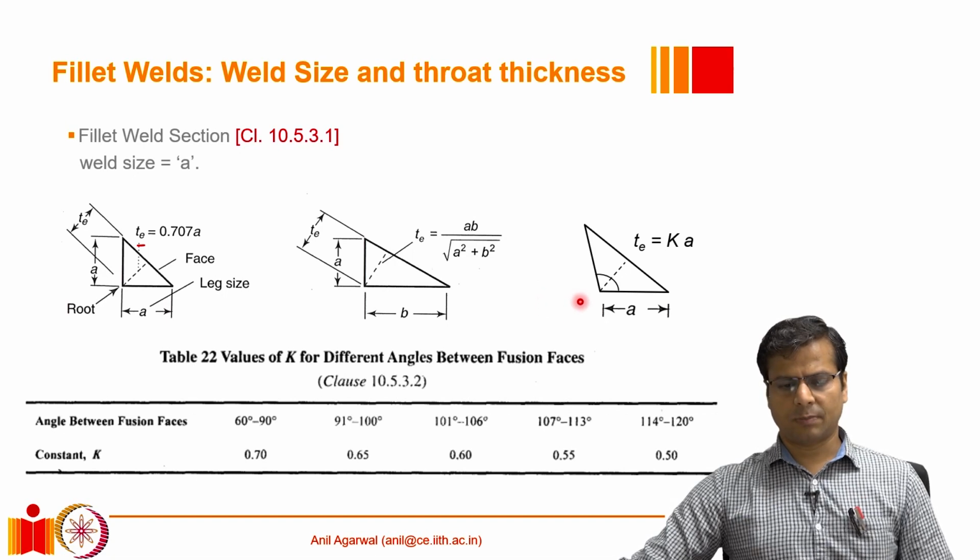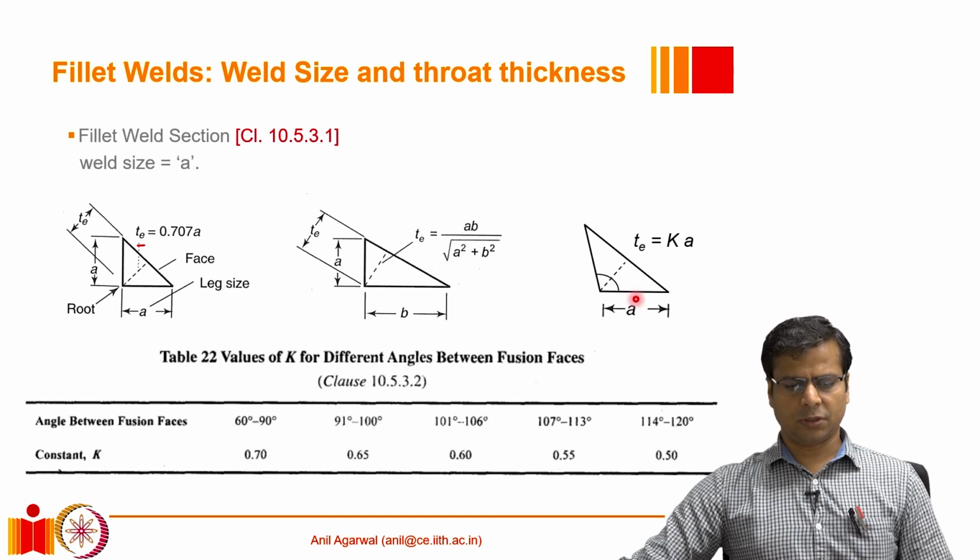There can also be another possibility where the two surfaces that are going to be joined together are not exactly at 90 degrees. Typically they are at 90 degrees, but sometimes they can be at an acute or an obtuse angle. And if that is the situation, the effective throat thickness would again be different from the one available if the angle is 90 degrees.